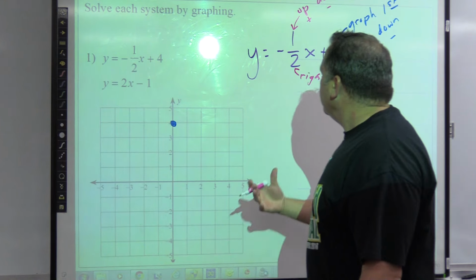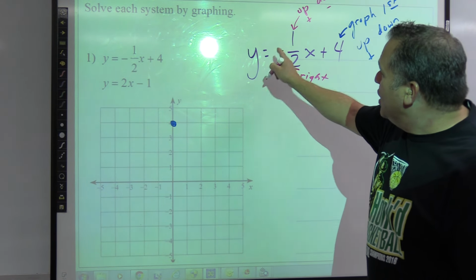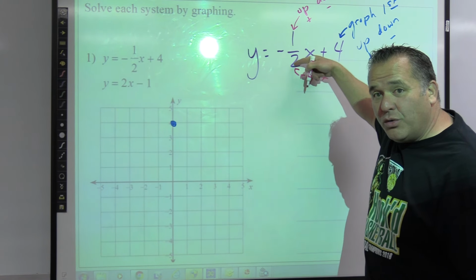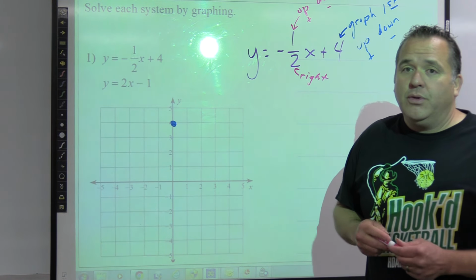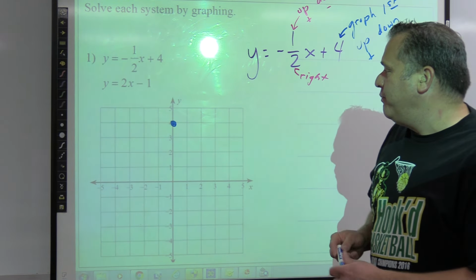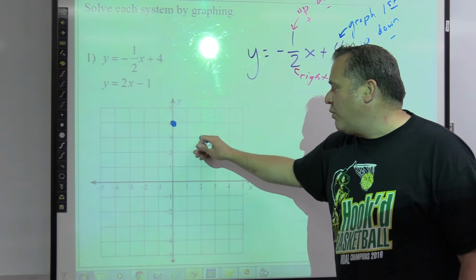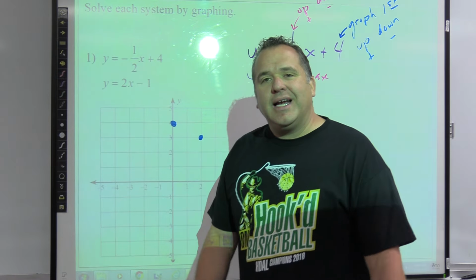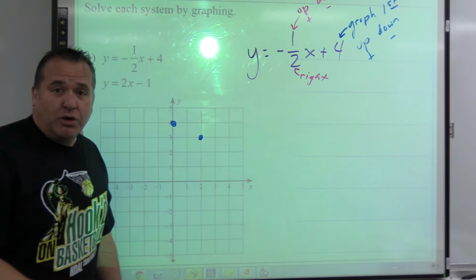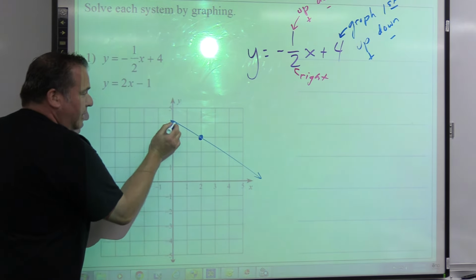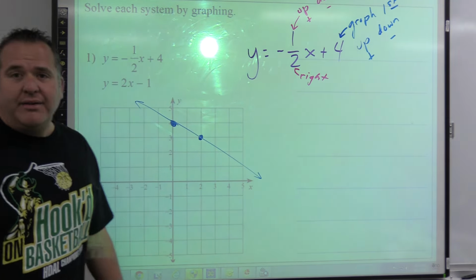Here we've got a negative, so we're going to go down 1 and to the right 2 from our point. So from the point right here, down 1 and right 2 is right here. Now that I've got those two points, I'm going to graph the line. Look, there's my graph. That's a nice graph.